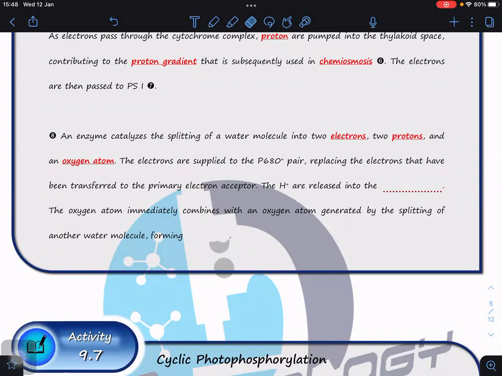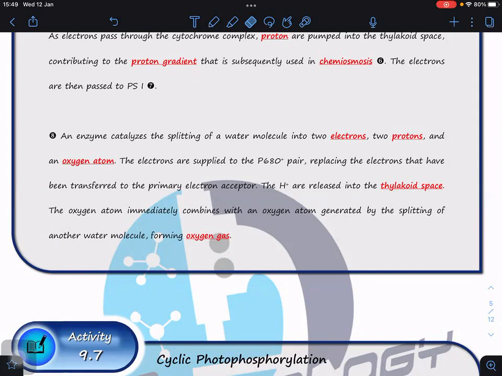So the electrons are supplied to the P680 pair, replacing the electrons that have been transferred to the primary electron acceptor. The H plus are released into the thylakoid space. The oxygen atom immediately combines with an oxygen atom generated by splitting of another water molecule, forming oxygen gas.